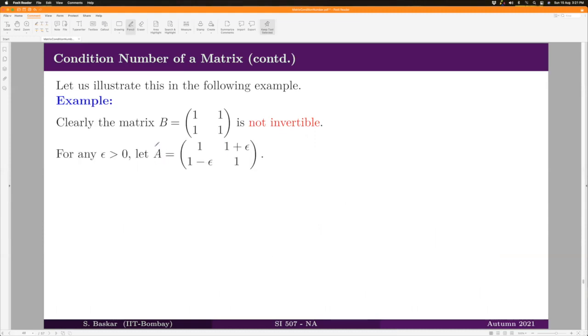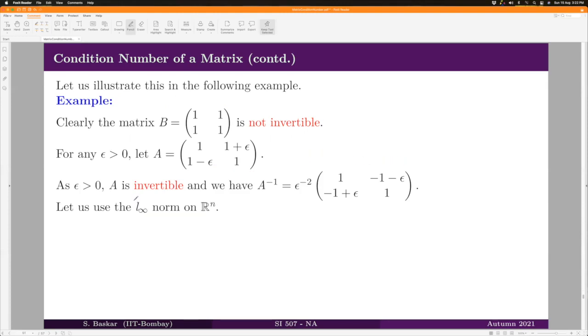You make a small perturbation of this singular matrix and consider another matrix A, which is 1, 1 plus epsilon, 1 minus epsilon, and 1 for any positive epsilon. However small it may be, you can see that A is an invertible matrix and its inverse is given by this. Let us use the L infinity norm in our computation. Therefore, we know what is the corresponding subordinate norm that we have to use.